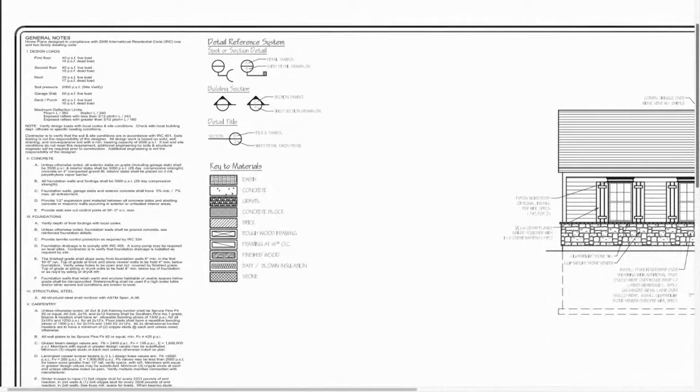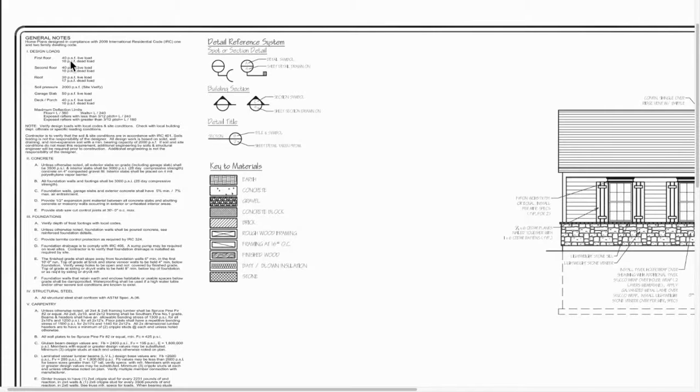So let's just look at some of the things that are happening on this drawing. I'm blowing it up a little bit. Right, we see general notes. Home plan is designed in compliance with the 2009 International Residential Code. Right, here's our I code, or again, IRC. Design loads show what assumptions were made in terms of 40 PSF.